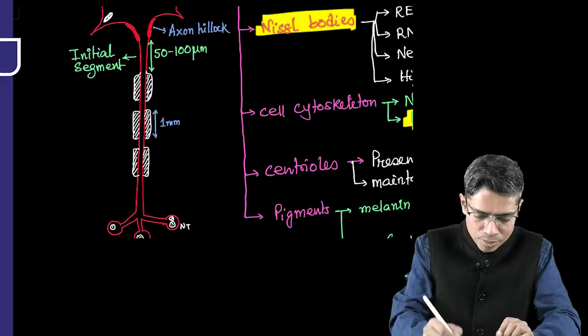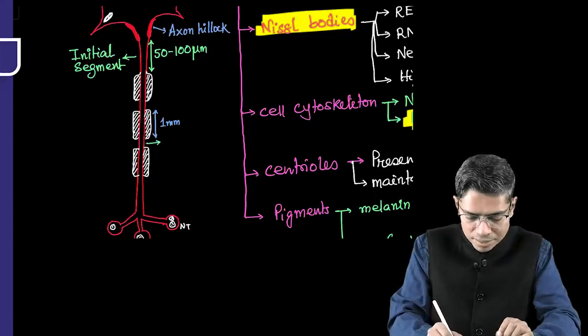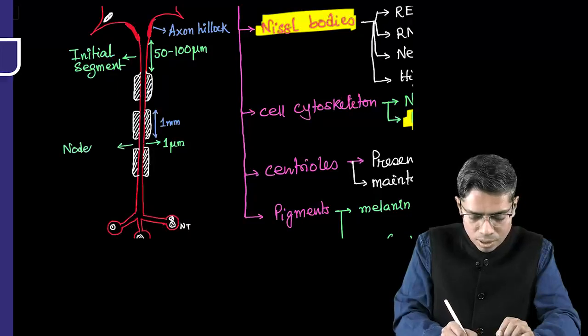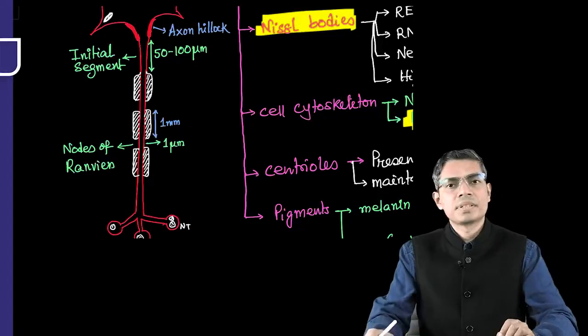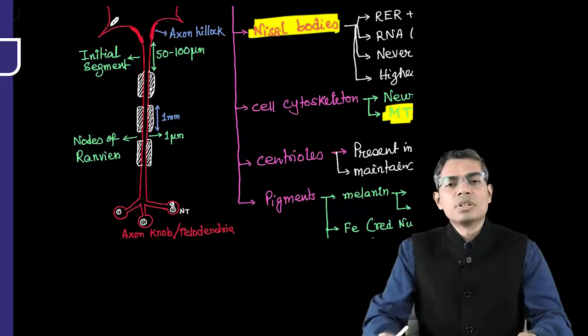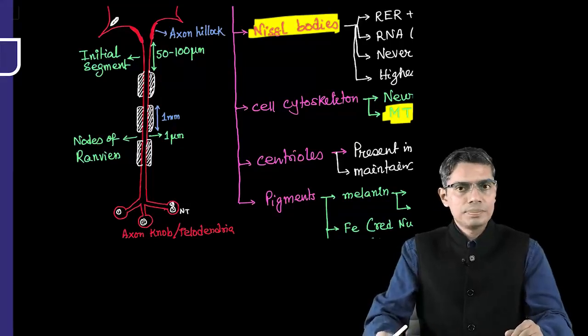In between these two myelin sheaths, this region is 1 micrometer in length, and this is nothing but the nodes of Ranvier. So these are all the structural parts of a neuron that you have to remember for your MCQ, right?